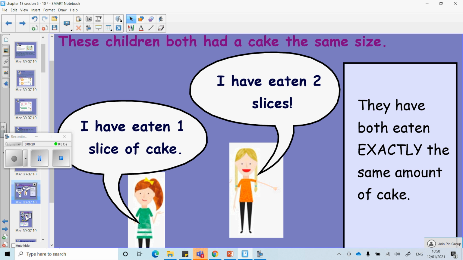So how is that possible? I'd like you to draw yourself 2 circles again to be the cakes. They should be the same size. And then I'd like you to try and draw or divide them up as fractions so that this girl's 1 slice is the same size as this girl's 2 slices. Press play when you're ready.